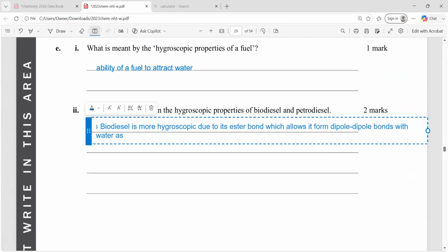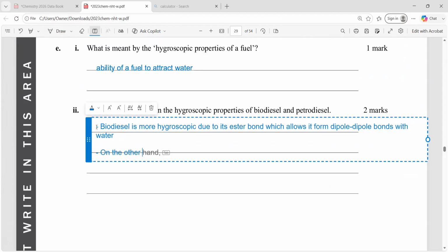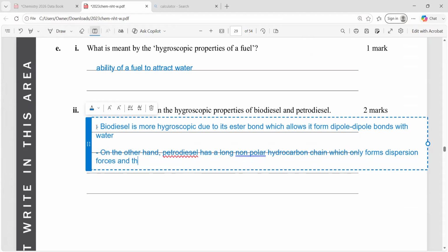On the other hand, petrodiesel has a long non-polar hydrocarbon chain, which only forms dispersion forces, and thus is unable to form bonds with water.